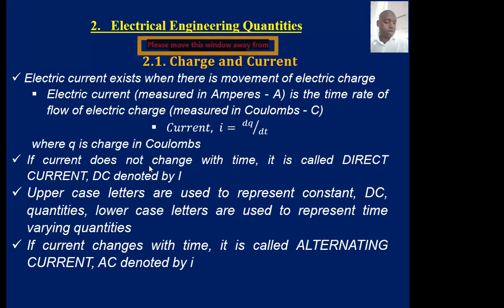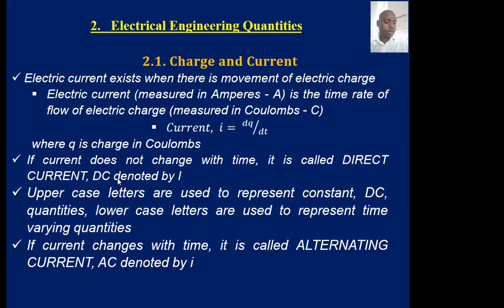If the current does not change with time, it is called direct current or DC, meaning current that does not change direction. We use uppercase to represent DC quantities and lowercase to represent time-varying quantities. In this course, we'll talk about direct current, DC, and also alternating current, which is AC.